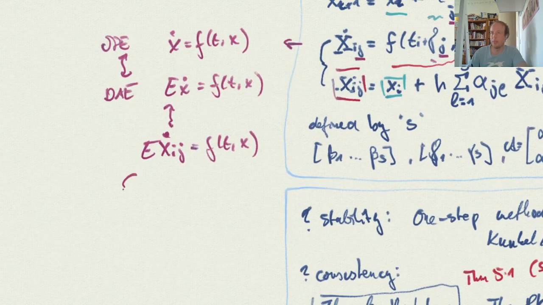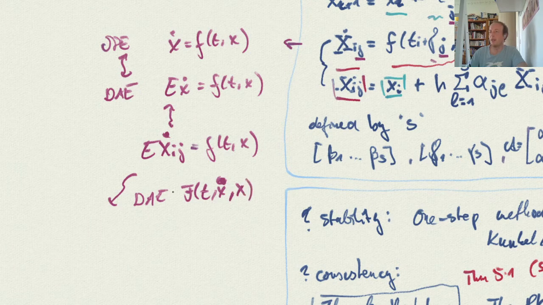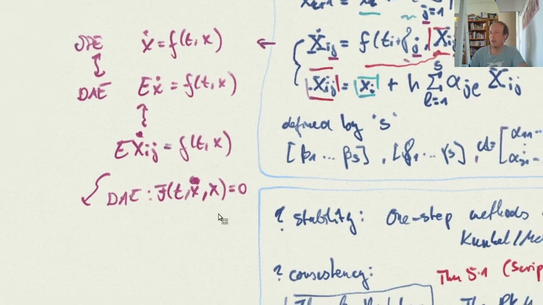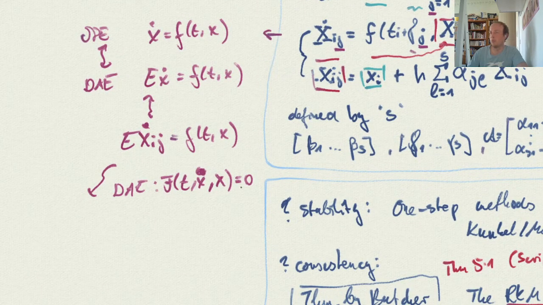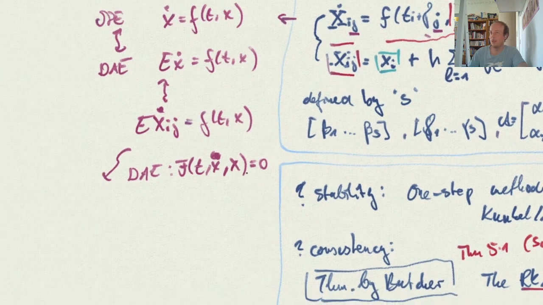And maybe even further generalization when we go to the DAEs in its most general form, that the DAE has just this closed form f of t, x, but then we just put in here the stage derivatives and the stage values.